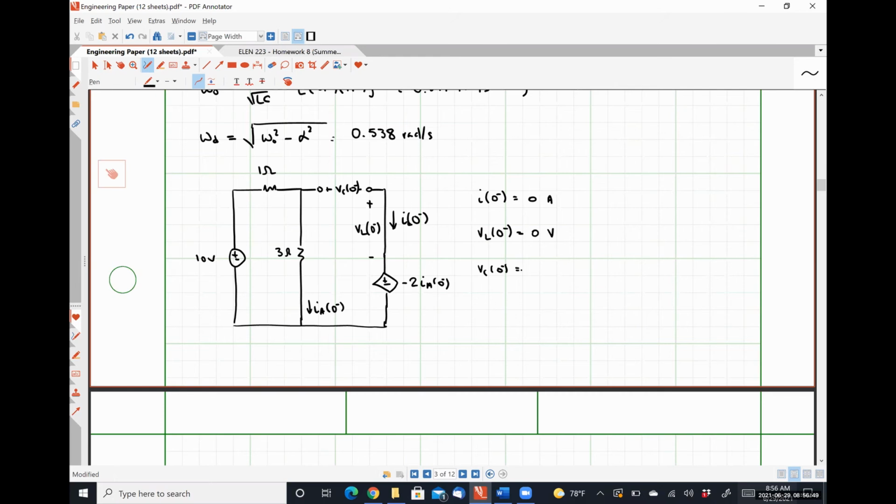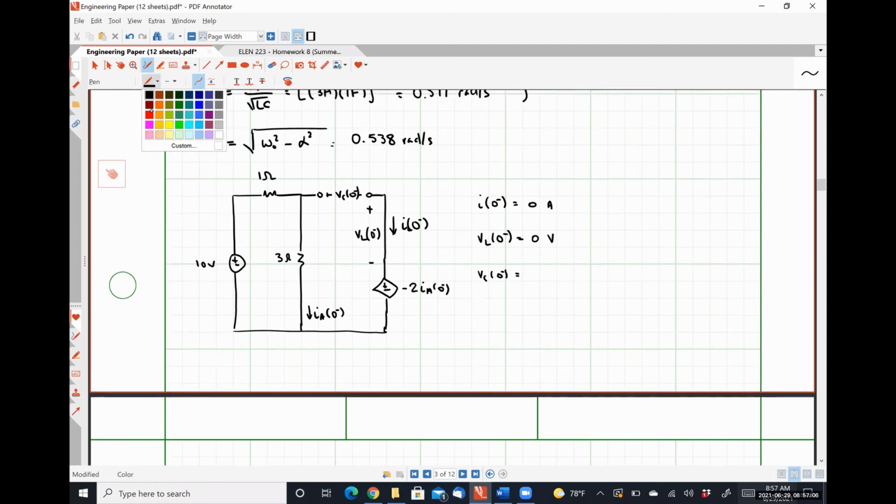Any thoughts on how we might calculate that? Find the dependent voltage source value. Okay, so we're going to have to find the dependent voltage source value. So I'm going to label some things here real quick, just for the heck of it, all right?